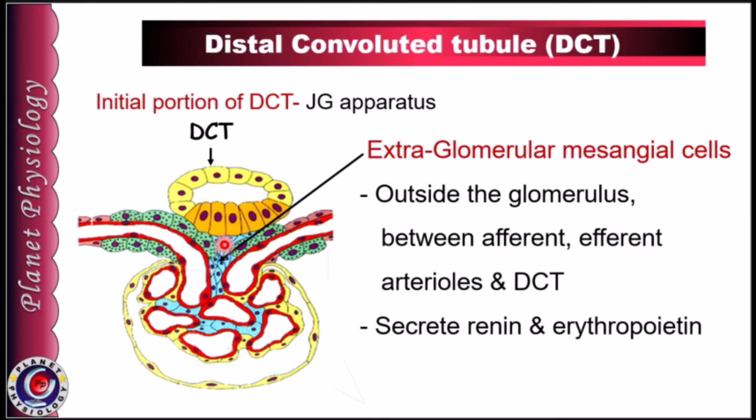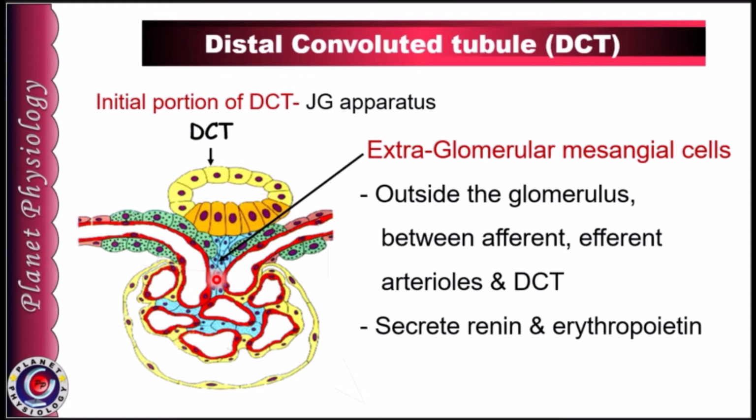Apart from macula densa and JG cells, lacis cells or extraglomerular mesangial cells also are the part of JG apparatus. These are agranular cells and fill the space between afferent and efferent arterioles as well as DCT. As mentioned earlier, they secrete small quantities of renin and erythropoietin.